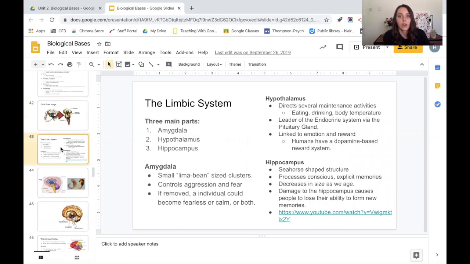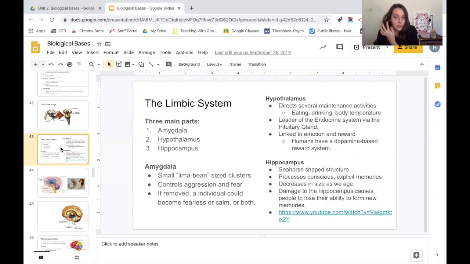The next more evolved part of your brain is the limbic system. This is the part when we talk about our emotions, right? It's going to be coming out of this system. You have your amygdala, hypothalamus, and hippocampus. Y'all were pretty solid on these, but your amygdala, that's your fear and aggression center. Your hypothalamus is really linked to your endocrine system and helps regulate hormones.